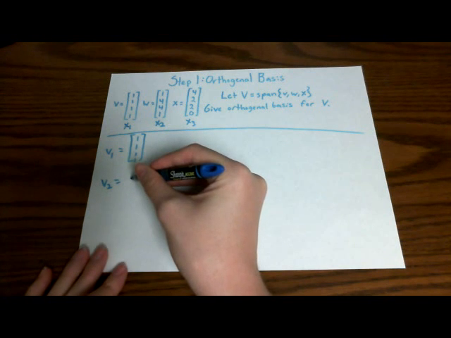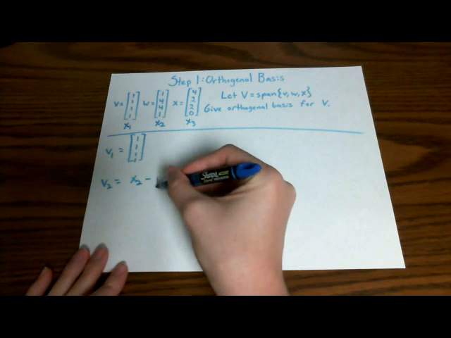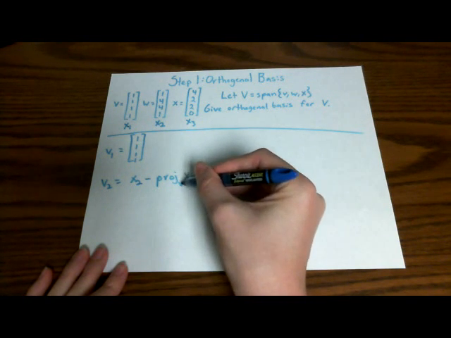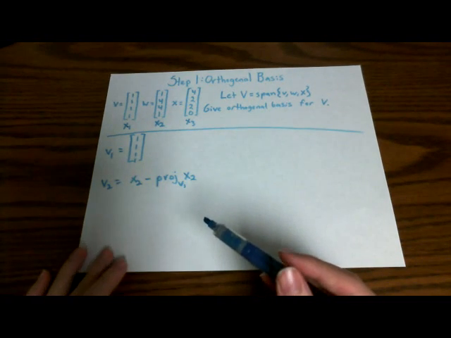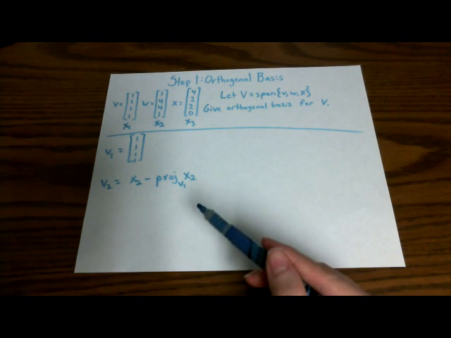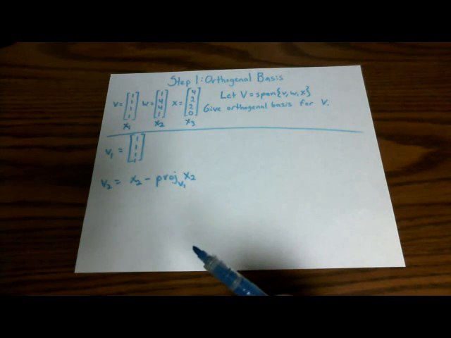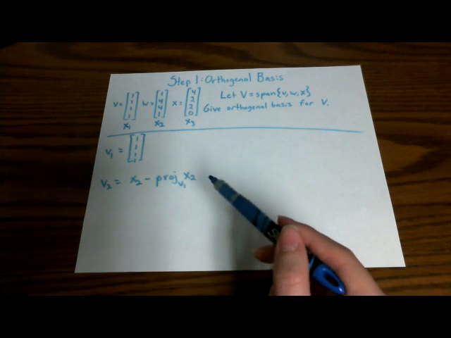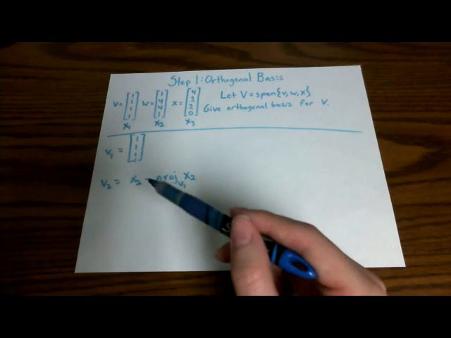V2 equals x2 minus the projection of x2 onto V1. Now, this gets a little bit complicated to remember, but remember that if you're finding V2, it's x2 minus the projection of x2 onto something that you've already found.